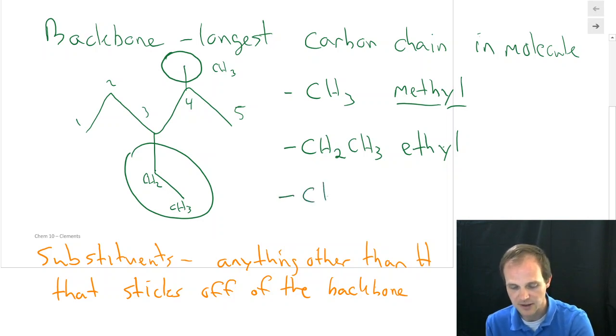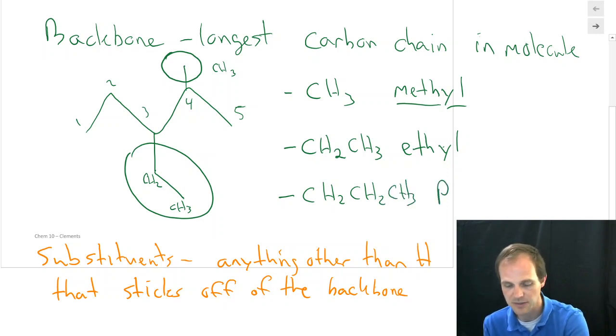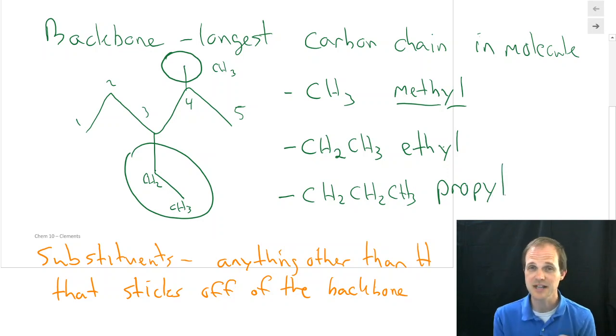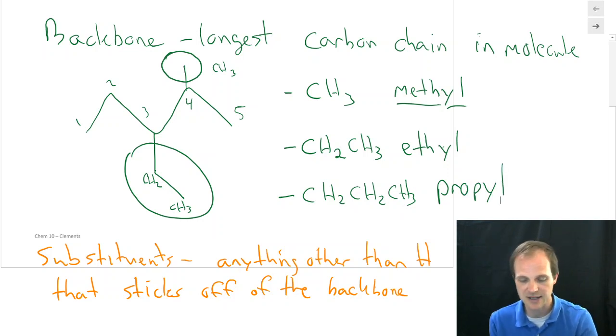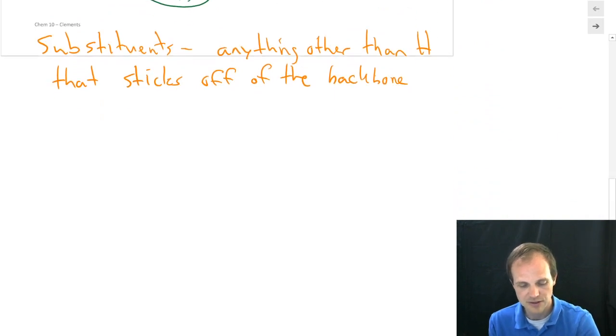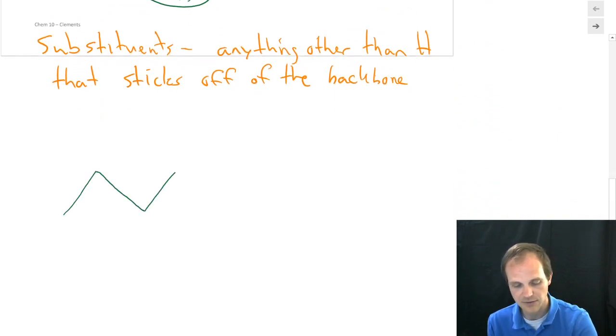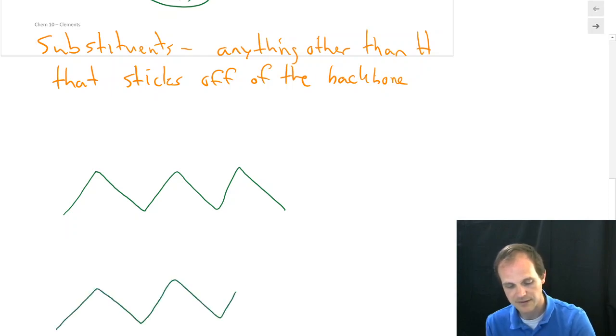If we get a little bit bigger, CH2, CH2, CH3. When we had 3 carbons, we called it propane. And so this is going to be a propyl. But it turns out there's 2 different ways to attach something that's a propyl. So let me draw 1, 2, 3, 4, 5, 6, 7. 1, 2, 3, 4, 5, 6, 7.